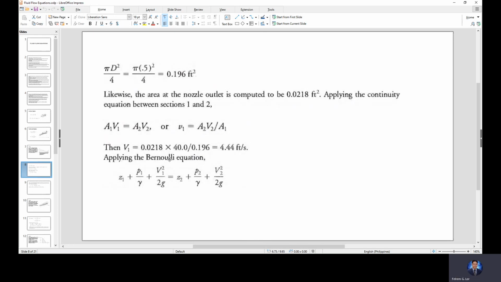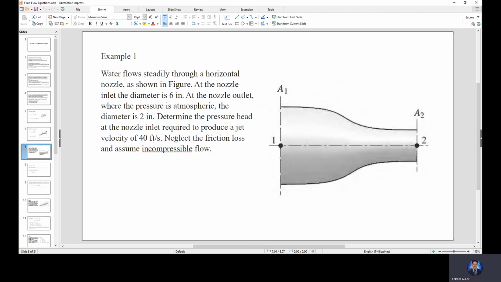So we can express V1 in terms of A2 V2 over A1. V2 is given. It's 40 feet per second.